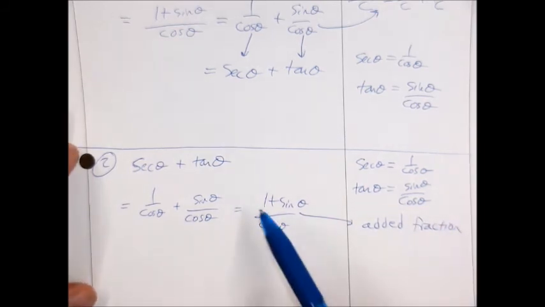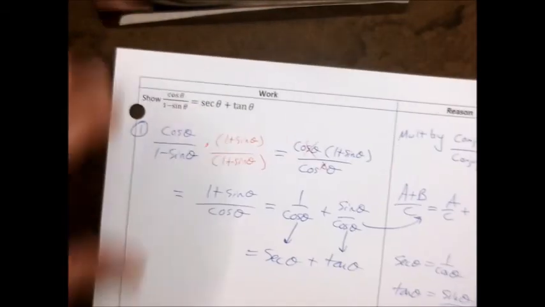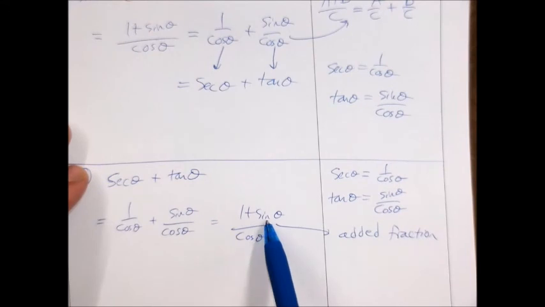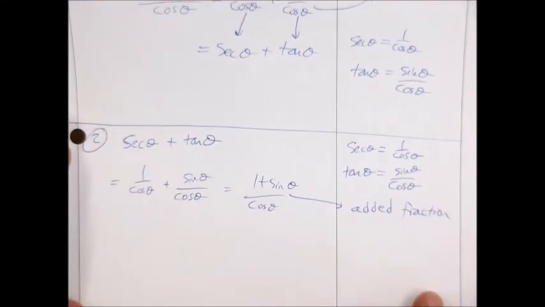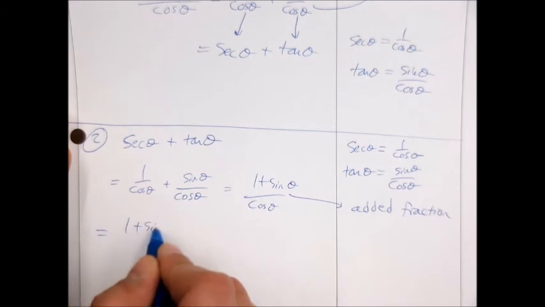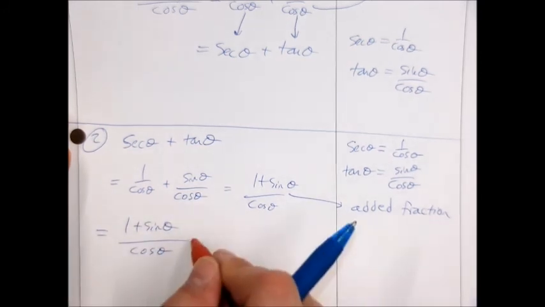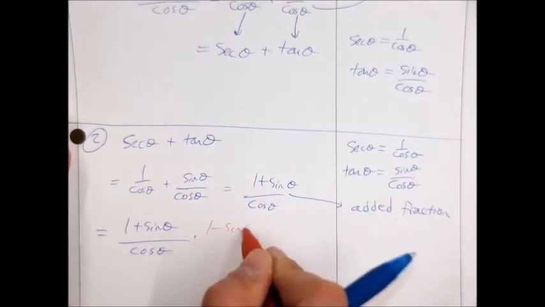And now at this point, there's nothing we can do, just like at the similar point before, except multiply by the conjugate. The only thing we can do is multiply by 1 minus sine over 1 minus sine. And so we could take what we had there and use the information from the last page by multiplying by the conjugate over the conjugate.